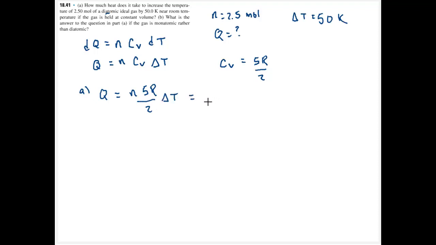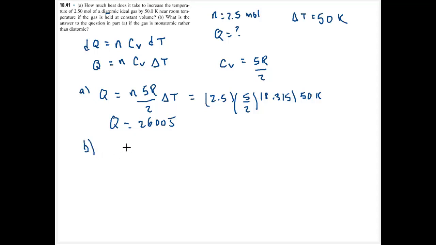So that's going to be equal to 2.5 multiplied by 5/2 multiplied by 8.315 multiplied by my 50 Kelvin. So part A, I'm going to get about 2600 joules.